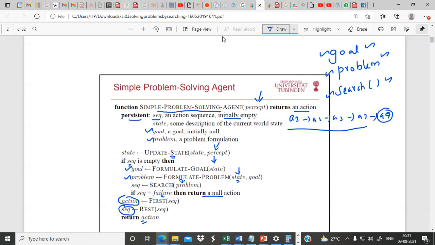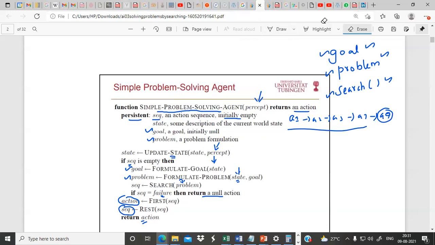So basically, it provides step by step. See, here we are taking only the first of the sequence, we are not taking the full sequence, right? I'm sorry. So A9 is the goal state. So in this case, first of sequence means it will not return A9.